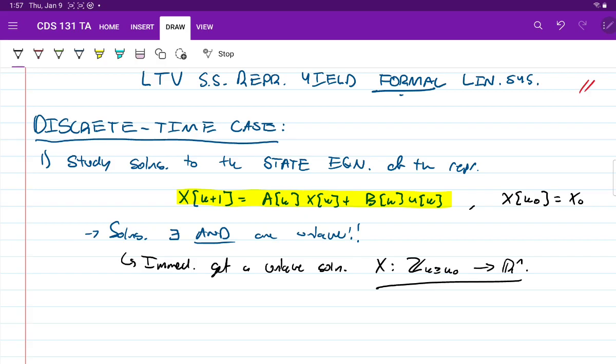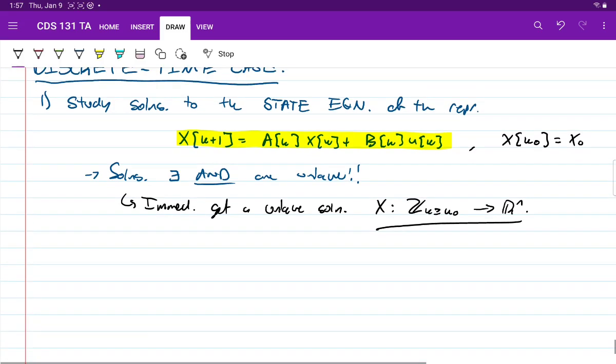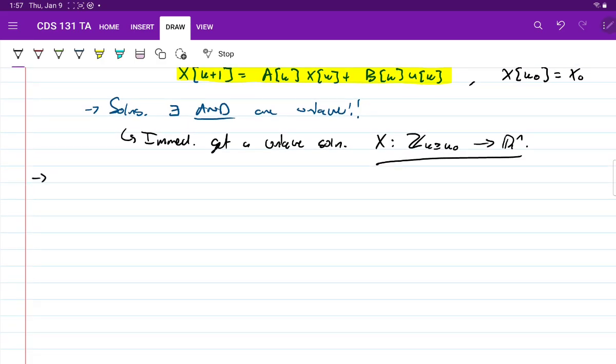And the reason for this is we just keep applying this recurrence at every step along the way. For all times greater than or equal to k naught, we'll be able to define our solution. So that gives us existence and uniqueness of solutions to these recurrence relations pretty much right off the bat. What else do we have?